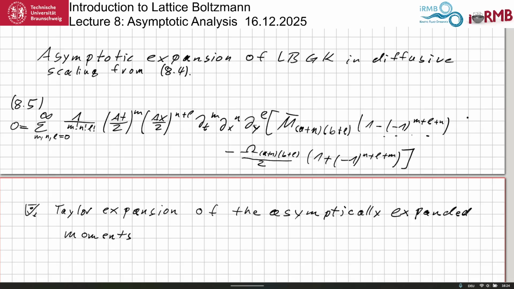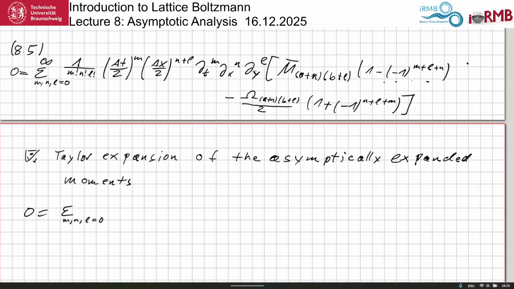Now we plug the asymptotic expansion into this, with m, n, and l from 0. Also, Q is the asymptotic expansion of the moments, and we also start from 0 and go to infinity.